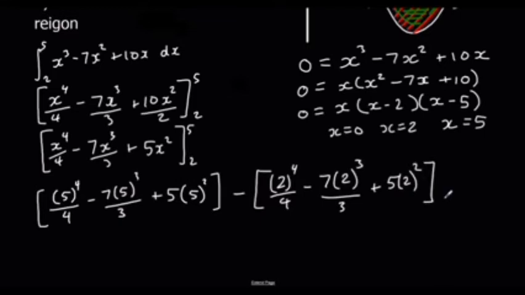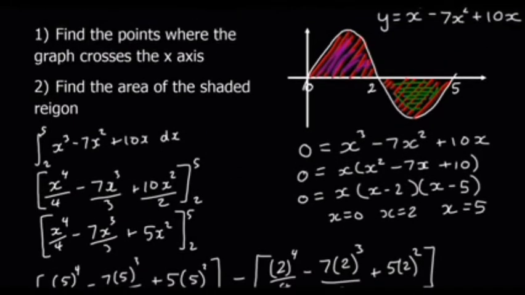So we're going to type that into the calculator, and we should get minus, because it's underneath the x-axis, minus 63 over 4. Now, we can't have a negative area, so we don't write the minus, so it's 63 over 4 units squared. So that's the green section.